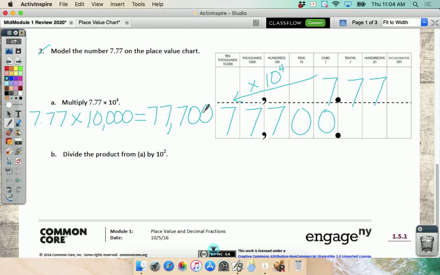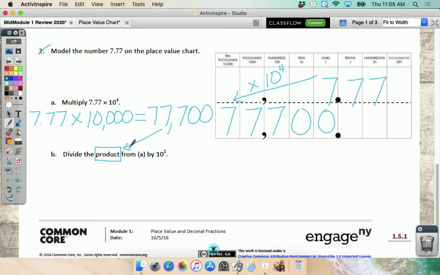Okay, so what's my answer to this problem? 77,700. Okay? Now, this is the part that messes everybody up. It says divide the product from A by 10 to the 2nd power. The answer to a multiplication problem is a product. Very good. So this is my answer, right? 77,700.